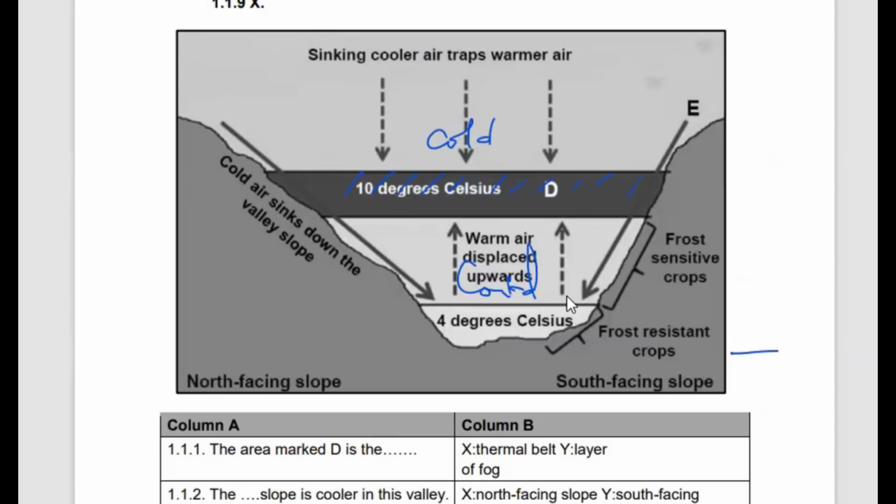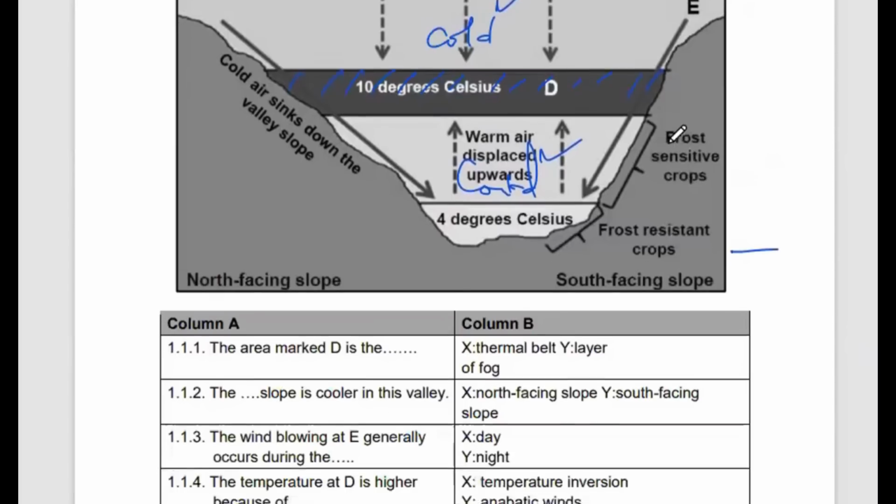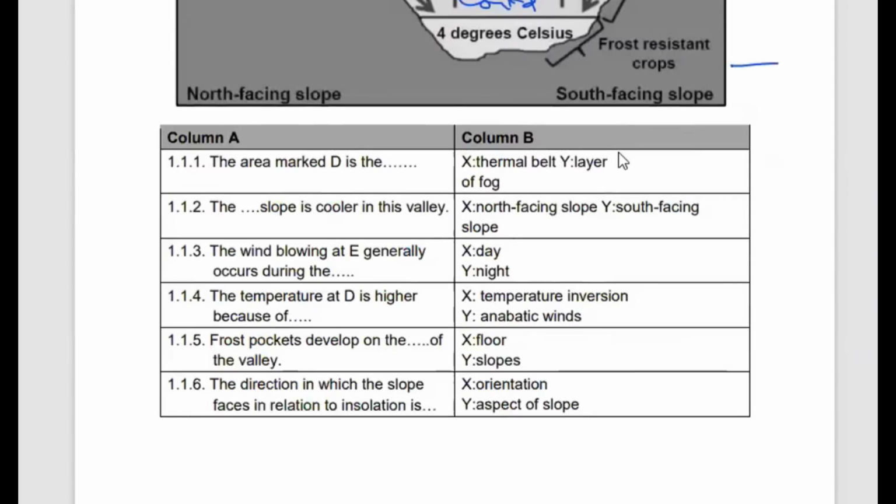So there is a belt of warm air trapped between 2 cold air masses. So the best response for layer D is called the thermal belt, which is X.